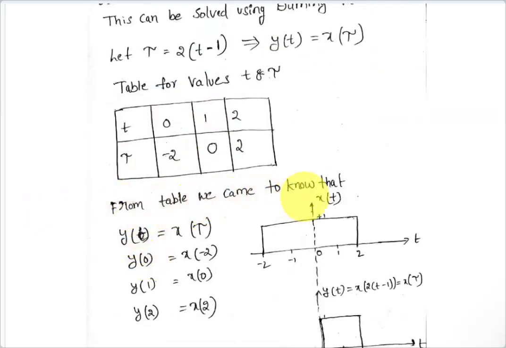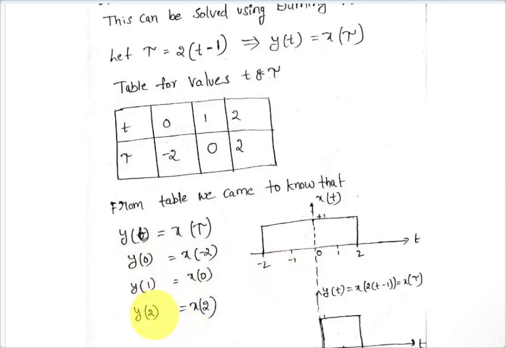So from the table we came to know that y of 0 equal to x of minus 2. Here 0 means t value, minus 2 means tau value. y of 1 equal to x of 0. y of 2 equal to x of 2.